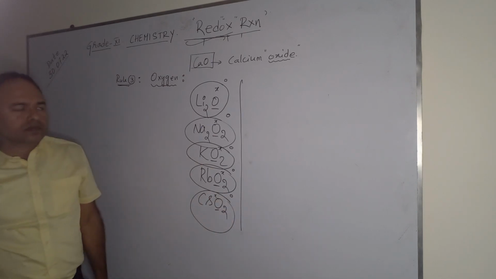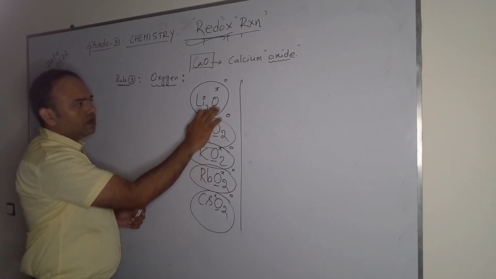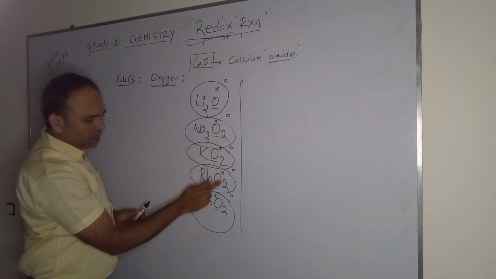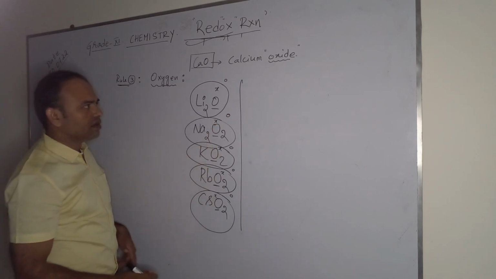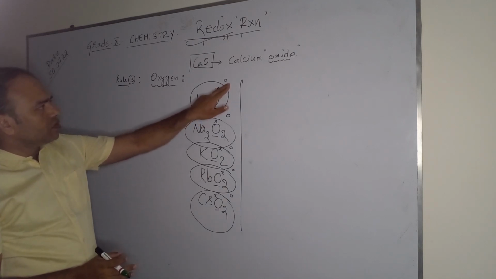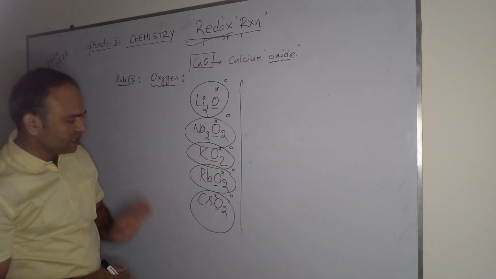See, very simple. I have to find the oxidation state of oxygen, so I keep it as X in all these examples. Generally the sum of total charge is 0, so I have kept 0 on top. This is the total oxidation state.